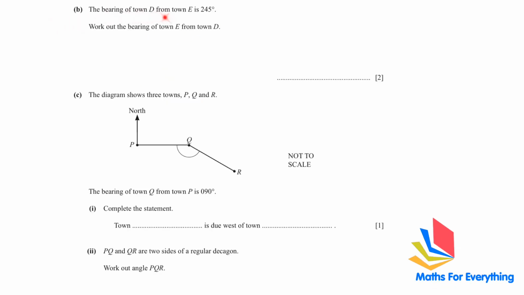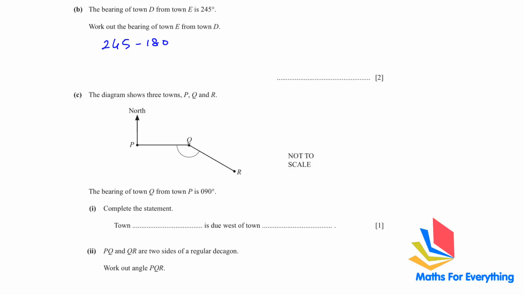The bearing of town D from town E is 245. Work out the bearing of town E from town D. Remember a simple thing. If you have a reflex angle, if it is more than 180 and you want to find the other bearing, we always subtract 180 from it.